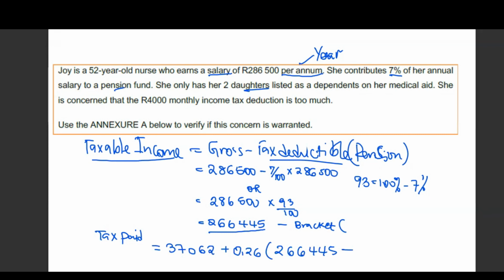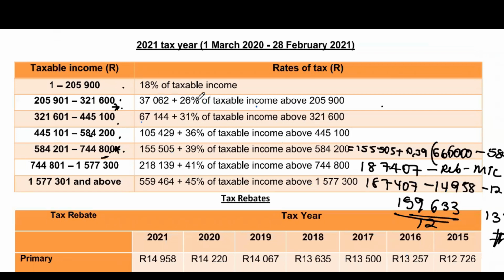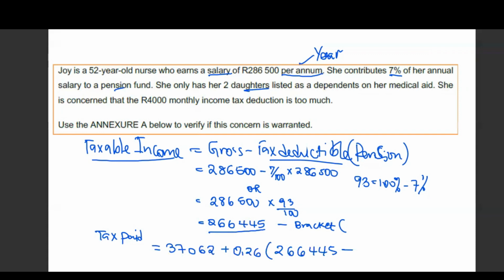Here we cannot multiply by 12. Why? Because the money is already per annum. All right. So we come here, minus 205,900.